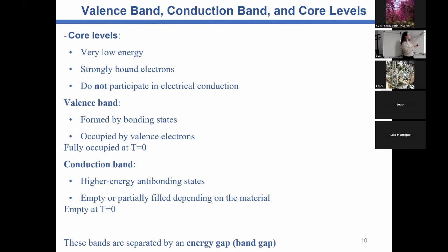So this is why we just work with the last states that are occupied, which we call the valence band. The valence band is formed by the bonding states related to the interaction with the surrounding atoms, and these states can be occupied by electrons at a temperature of 0 Kelvin.